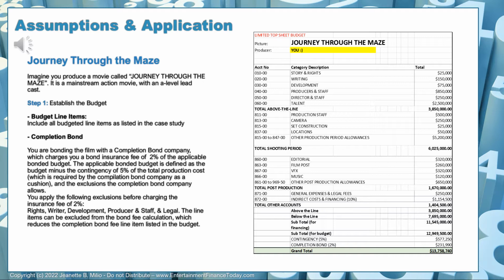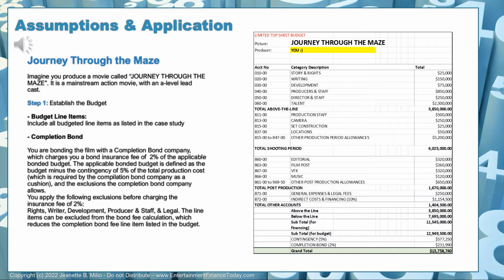Then we're adding the post-production items for the editing, the film post, which is color correction, sound correction, any visual effects or music budget, and other post-production allowances to arrive at the total post-production line item number.